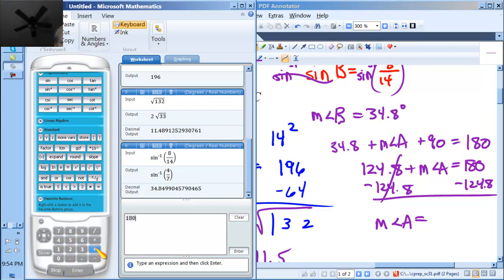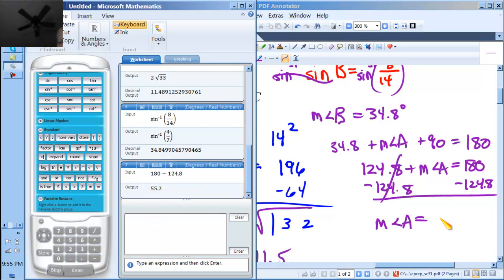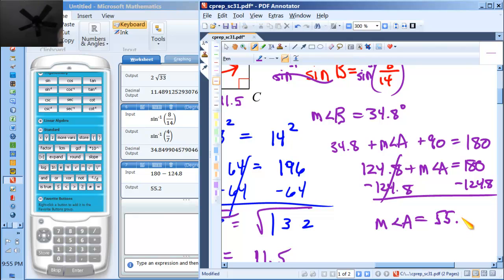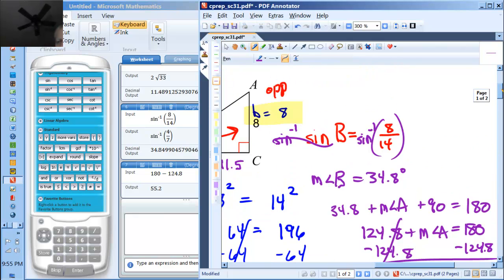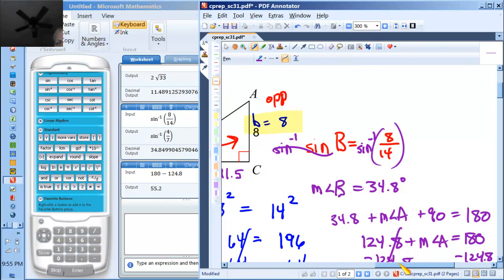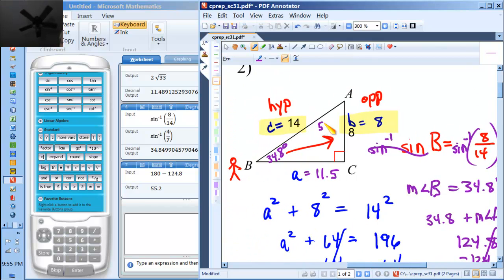180 minus 124.8 is 55.2. Or I'm sorry, measure of angle A is 55.2 degrees.